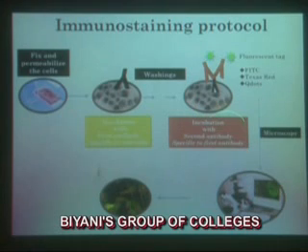Once this incubation is done, we go for microscopy. We can observe one protein at a time, or two or multiple. If one protein is tagged with one fluorochrome like green and another with red, then we can see these colorful visuals.